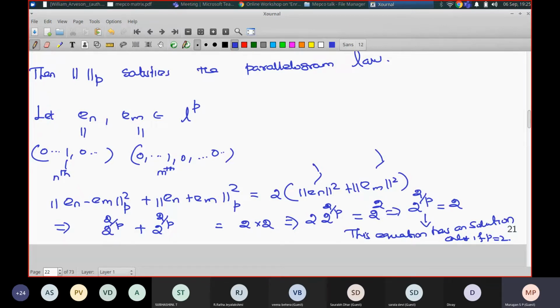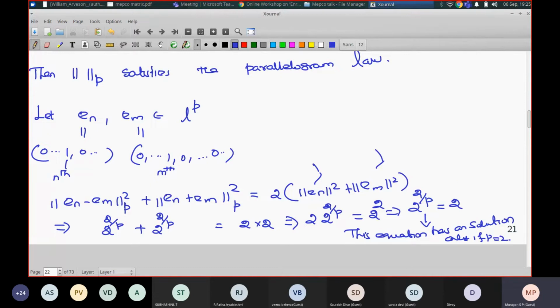This is nothing but, here is 2 square, right? You can cancel. Then you will get 2 power 2 by p is equal to 2, right? This has the unique solution only if p equal to 2. If p not equal to 2, then 2 by p is not a rational number, it is an irrational number.